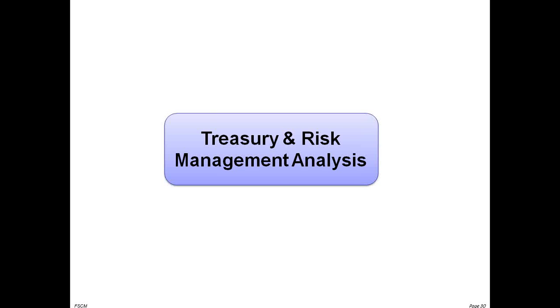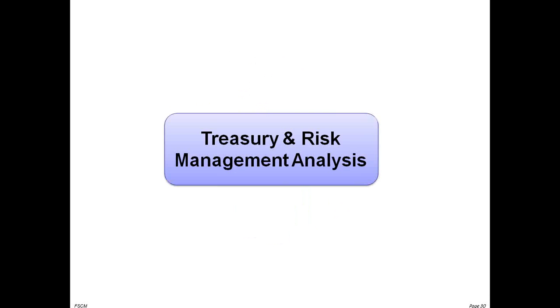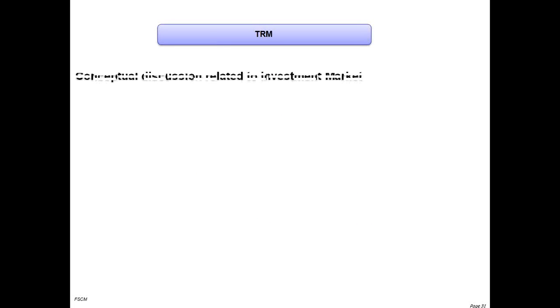What is yield? What do you mean by return? What is called a risk? You need to compare and learn how to calculate it. These are all the things we are doing one by one. That is called treasury and risk management analysis.